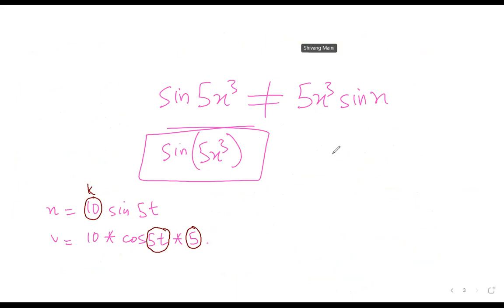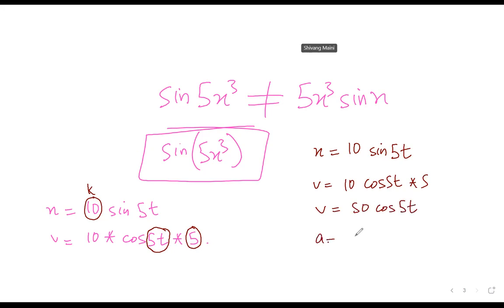So if I am given a spring whose displacement function is given by this, then the velocity function would be given by this, and the acceleration function would be given by this.